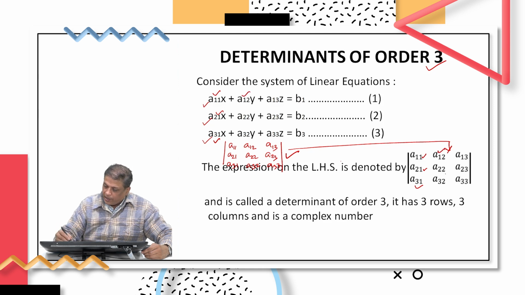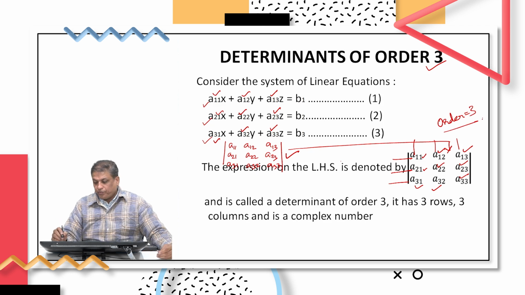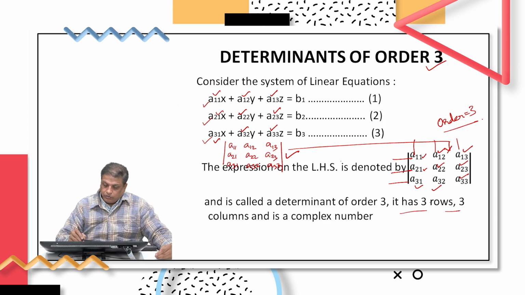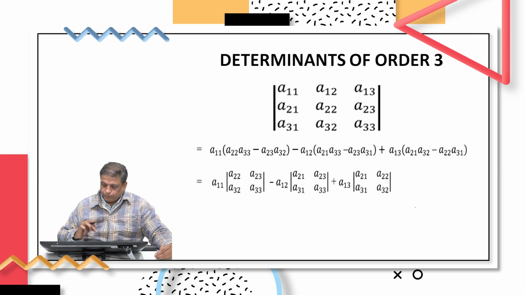A12 is the coefficient of y in the first equation, A22 is the coefficient of y in the second equation, A32 is the coefficient of y in the third equation, A13 is the coefficient of z in the first equation, A23 is the coefficient of z in the second equation, A33 is the coefficient of z in the third equation. Because there are 3 rows and 3 columns, the order of the determinant is 3. It has 3 rows and 3 columns and all are complex numbers.